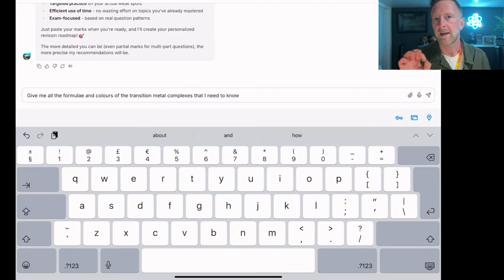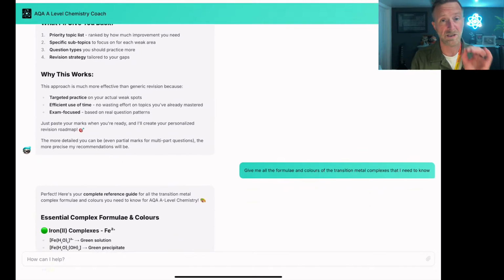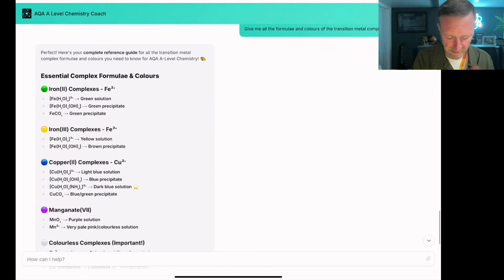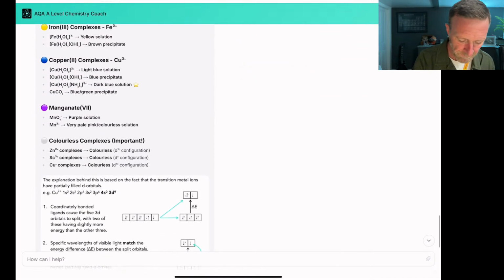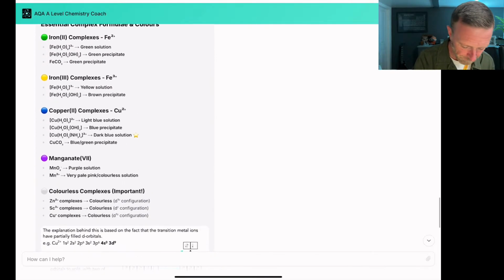You can tell generic AI, Gemini, ChatGPT, till you are blue in the face what your exam board is, I guarantee you it will not get this question right in a million years, because it's just not specific enough. So we've got iron 2, iron 3, copper 2, yes, manganate, yes. So these are the essential ones you need to know for AQA.